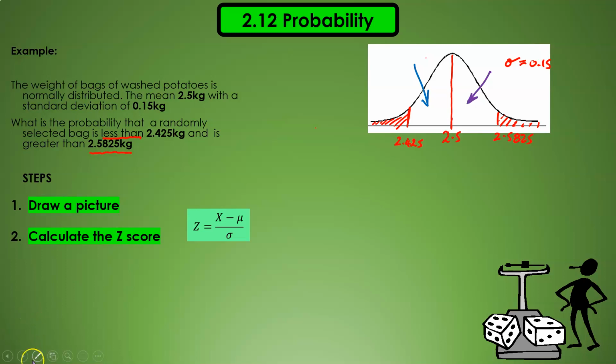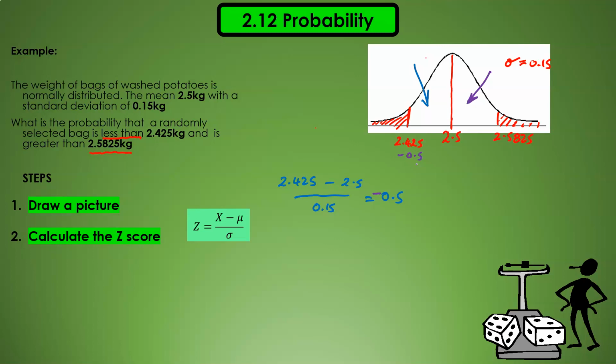Starting with the blue: 2.425 take away 2.5, divided by 0.15 equals minus 0.5. So in other words, this is minus 0.5.